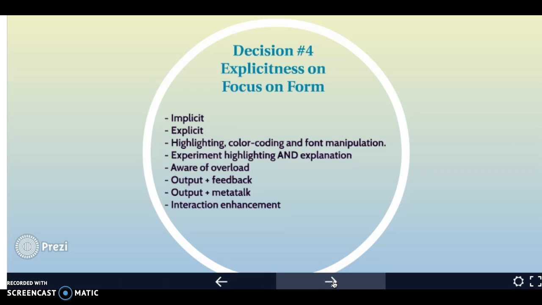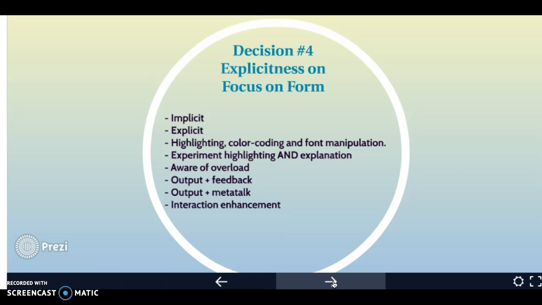Implicit focus on form tries to attract learner attention and to avoid metalinguistic discussion, always keeping the main focus on the communication of meaning. On the other hand, explicit teaching tries to direct learner attention and to exploit pedagogical grammar in this regard. It is preferable to use focus on form explicitly on simple rules rather than implicit learning.